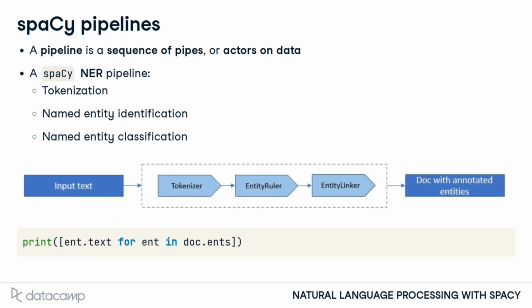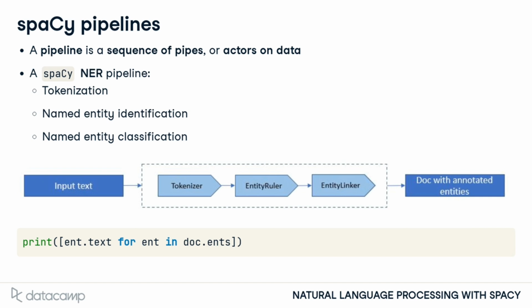As an example, for a named entity recognition pipeline, 3 pipes can be used: a tokenizer pipe, which is the first processing step in spaCy pipelines, a rule-based named entity recognizer known as the entity ruler, which finds entities, and an entity linker pipe that identifies the type of each entity. Through this processing pipeline, an input text is converted to a Doc container with its corresponding annotated entities.